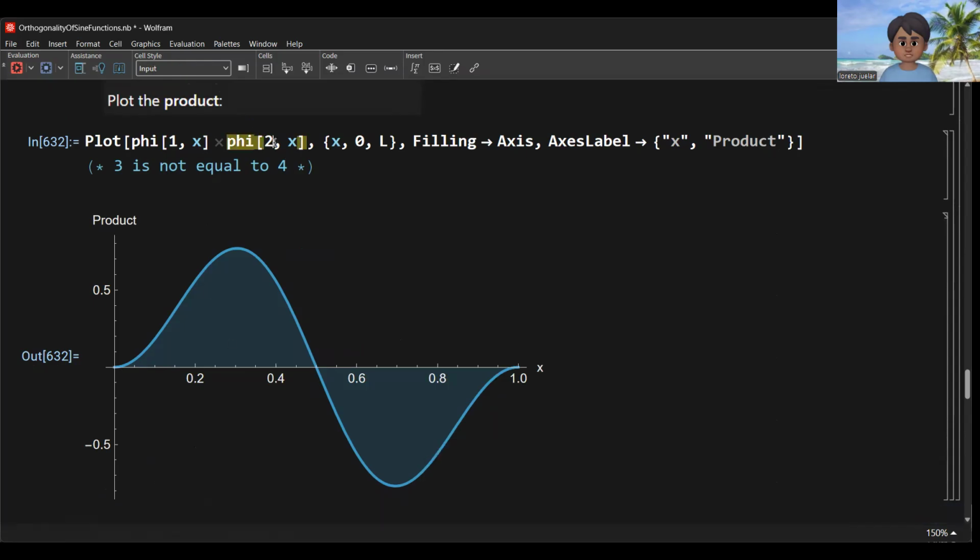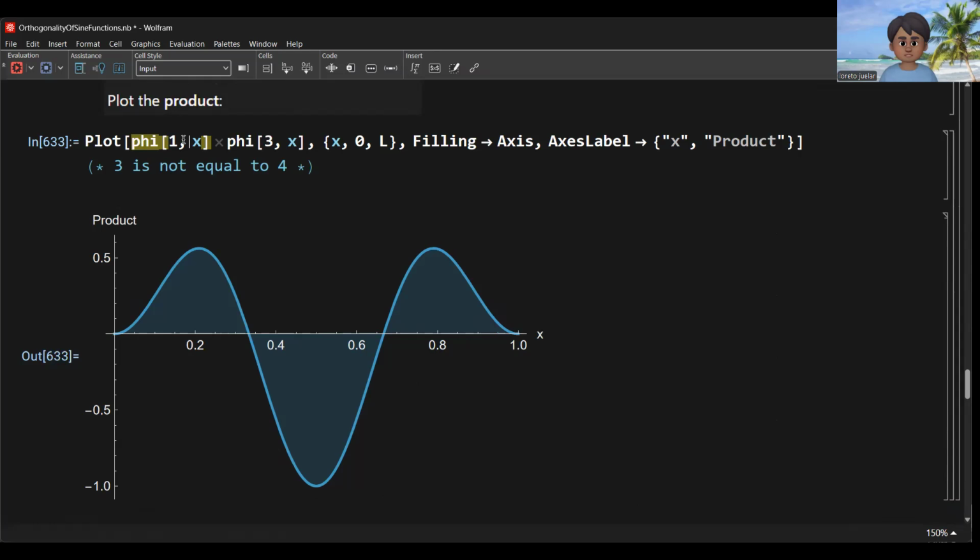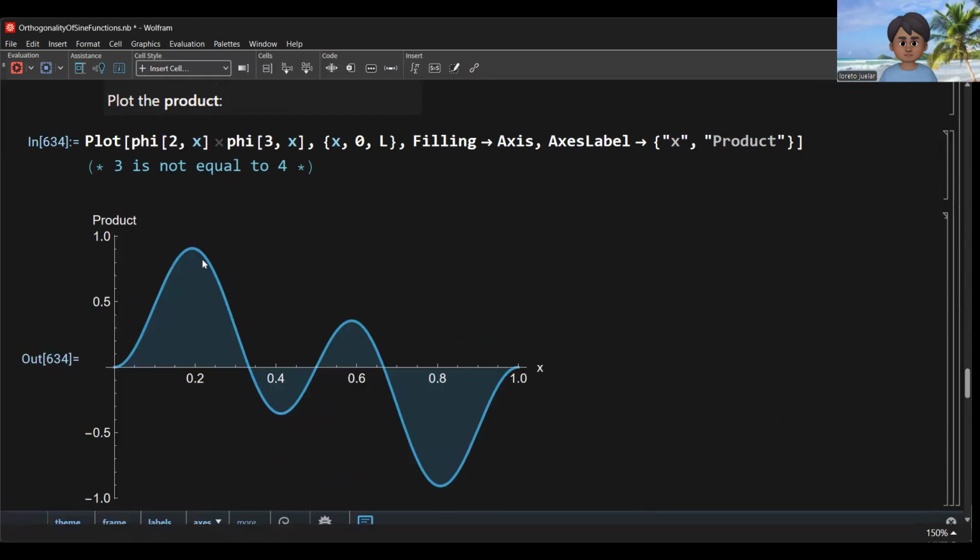You can make this 3 also. The total area is also equal to 0. So the area above minus the area below is equal to 0.